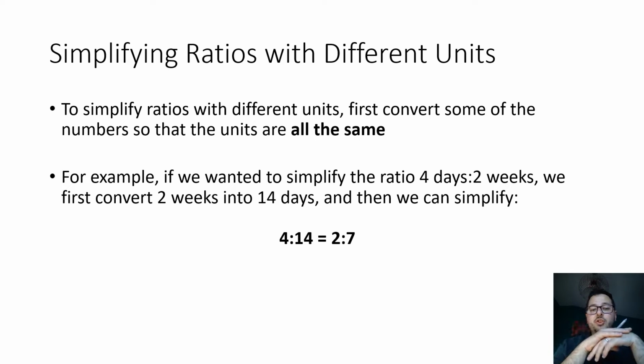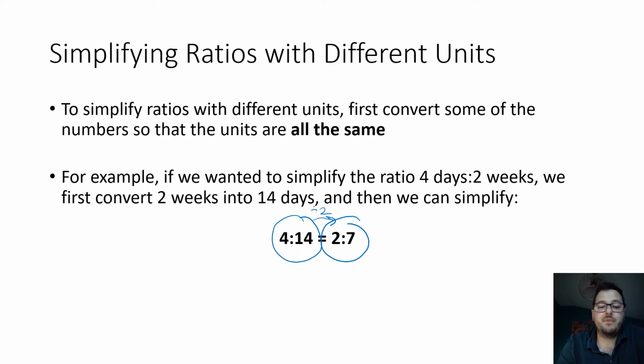So we convert 2 weeks into 14 days. There's 7 days in a week, so 14 days in 2 weeks. So instead of 4 days to 2 weeks, it's 4 days to 14 days. And then once you've got it in the same kind of unit like that, you can then simplify it, dividing it by 2 and getting our answer, 2 to 7.